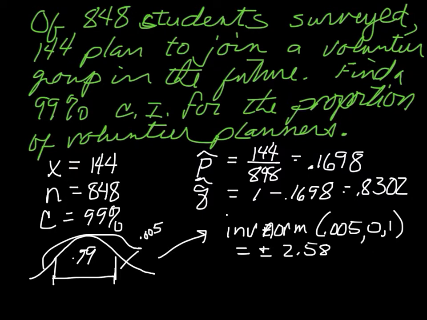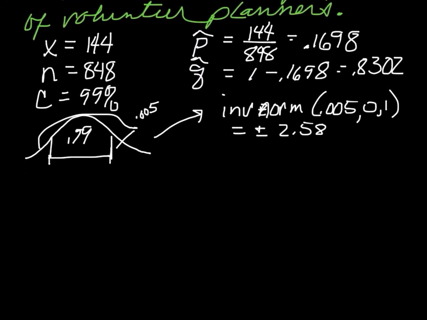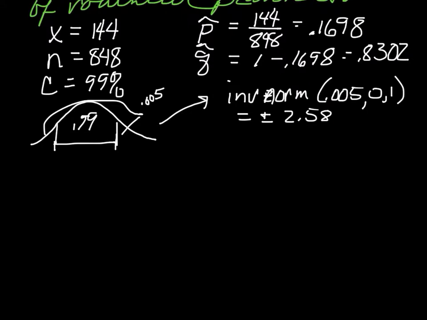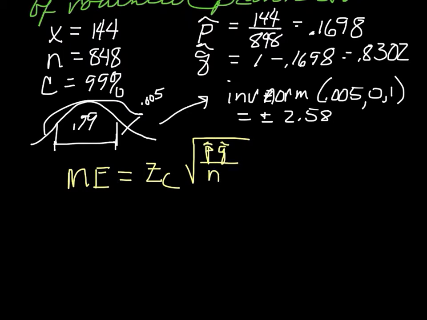Now, once we have that, we can move forward to working on the margin of error. So what's the margin of error going to be? Well, since this is a population proportion, 144 out of 848, the margin of error is going to be the critical value times the square root of p hat q hat divided by n.